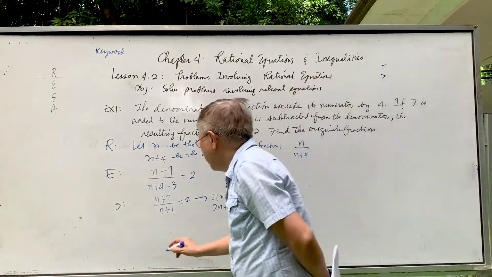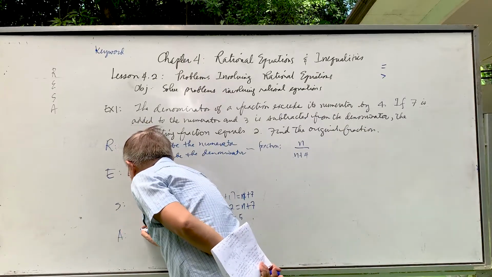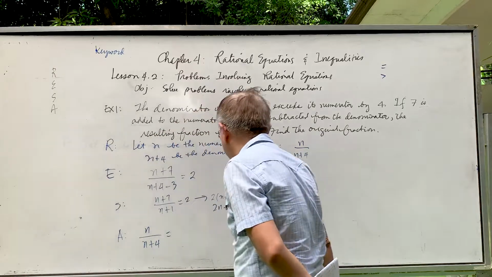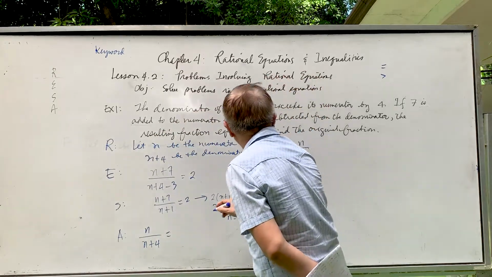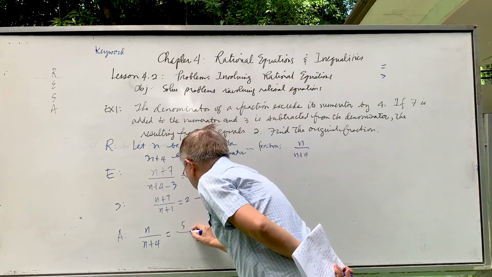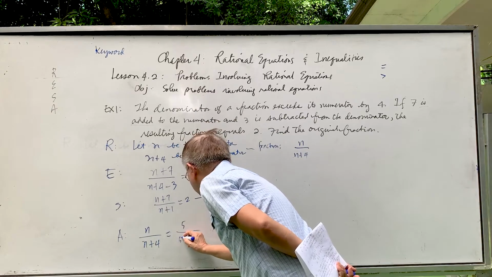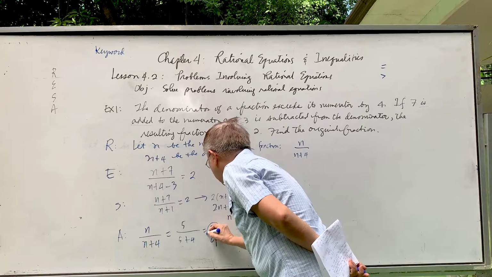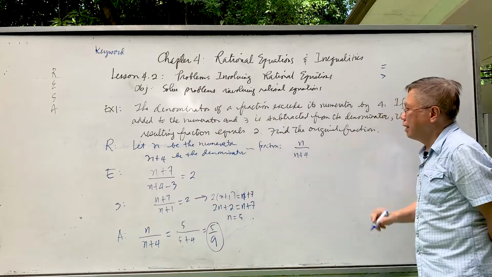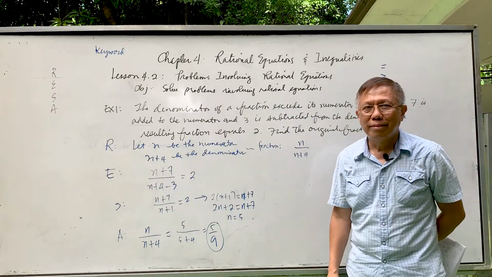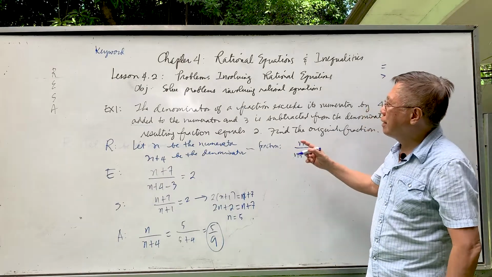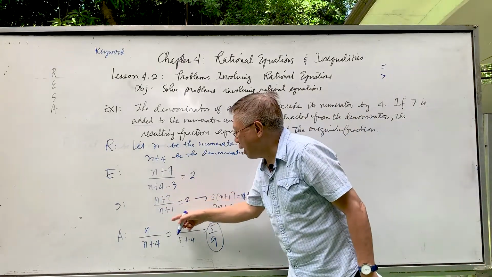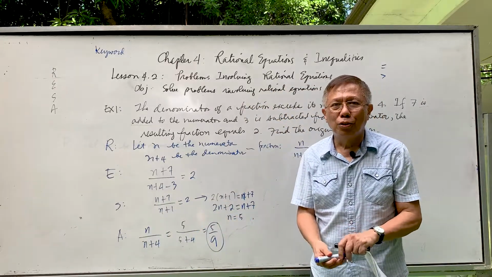Okay? So, my answer here will now be n over n plus 4, or that will be 5 over 5 plus 4, or this is 5 over 9. Our original fraction. So this is one example where we can expect to have a rational equation to solve.